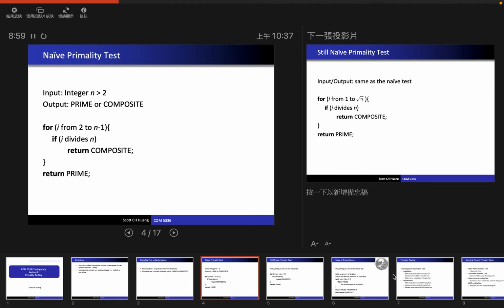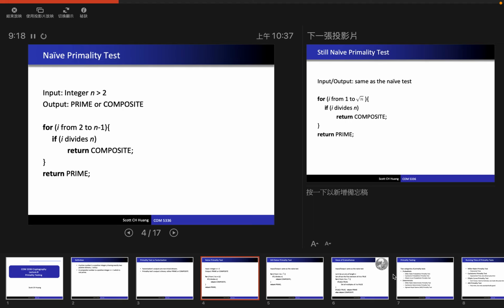This P of PQ may be further factorized, but it doesn't matter. Suppose n is equal to the product of two numbers, PQ. One of them must be smaller than or equal to square root n, right?